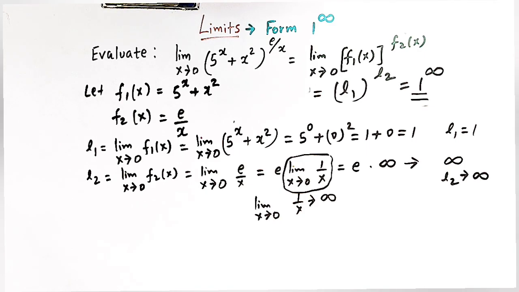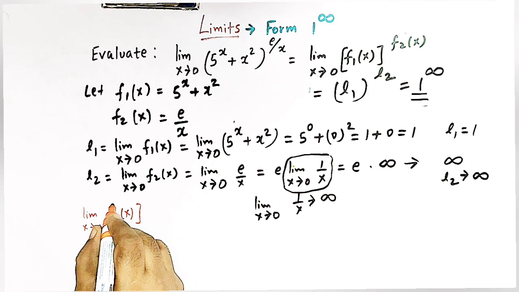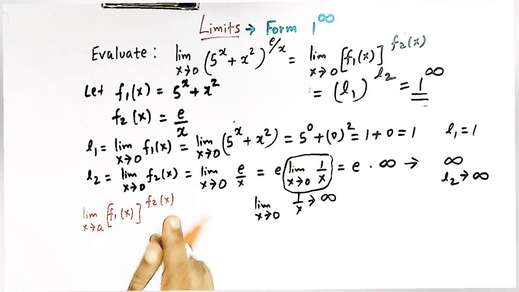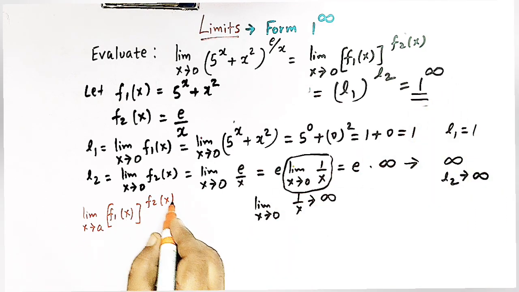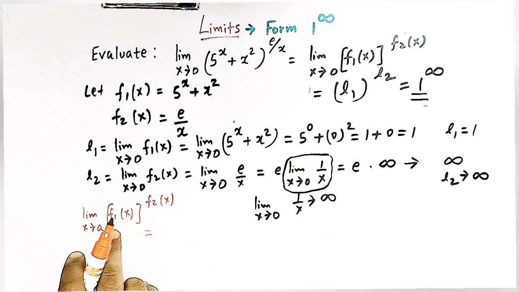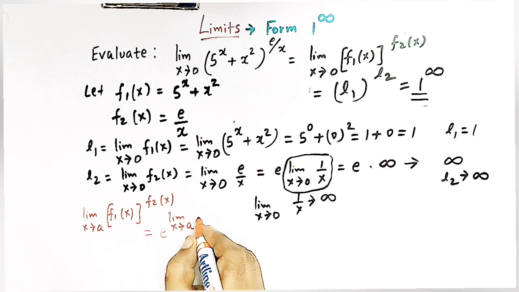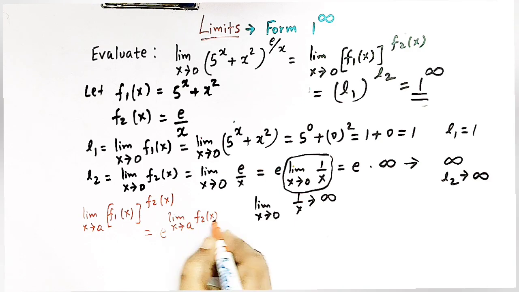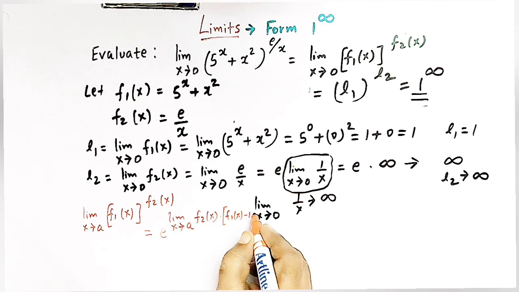Now let us consider the case when we have a limit of the form limit x tends to a f1(x) raised to f2(x), and this limit is of the form 1 raised to infinity. In such cases, the value of this limit can be written as e raised to limit x tends to a of f2(x) multiplied by f1(x) minus 1.